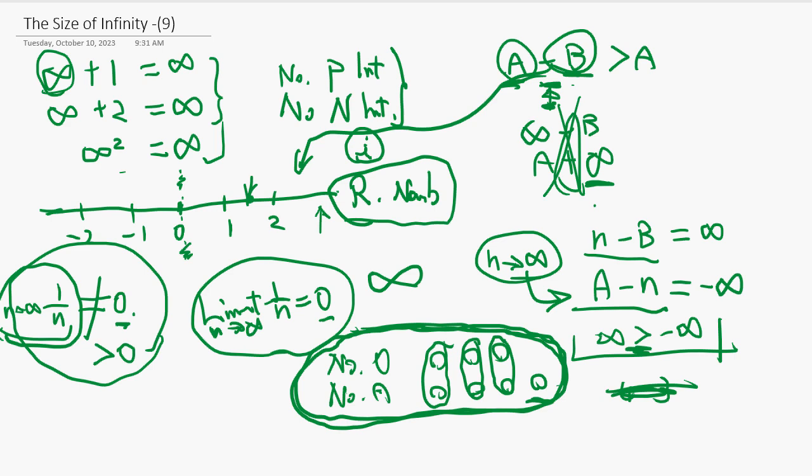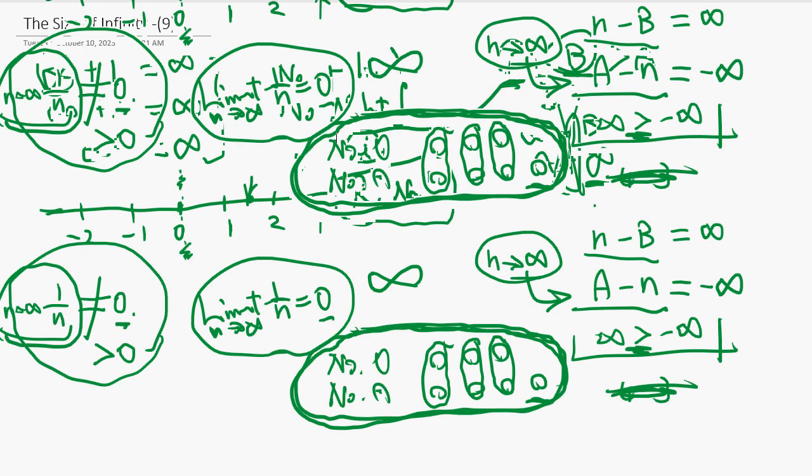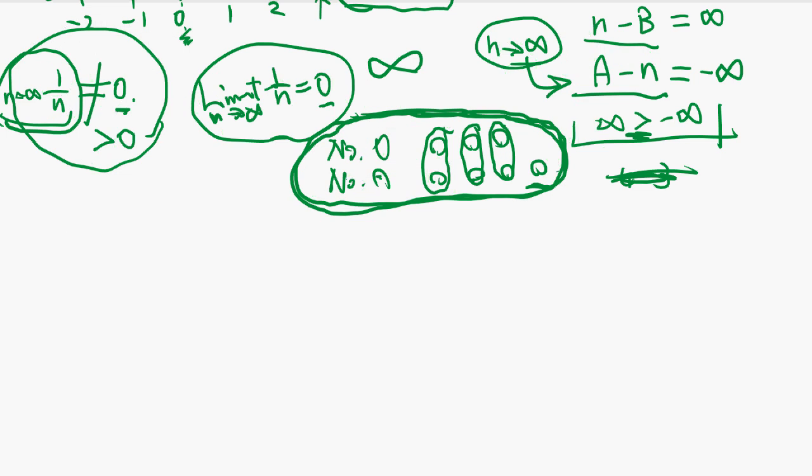Okay, so let's compare the number of positive numbers and the number of negative numbers, right? 1 and minus 1, 2 and minus 2, 3 and minus 3.